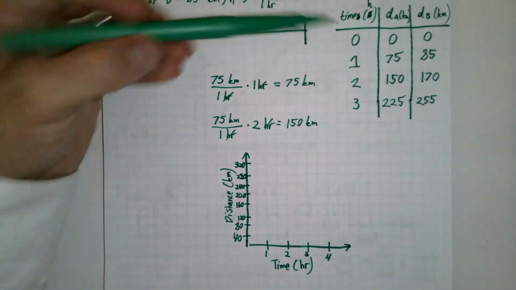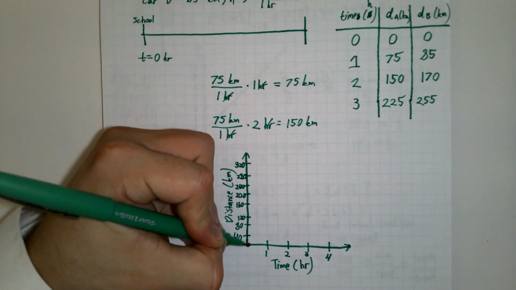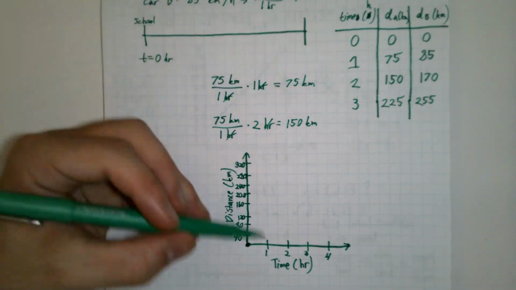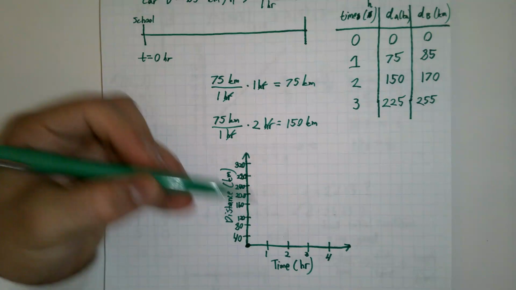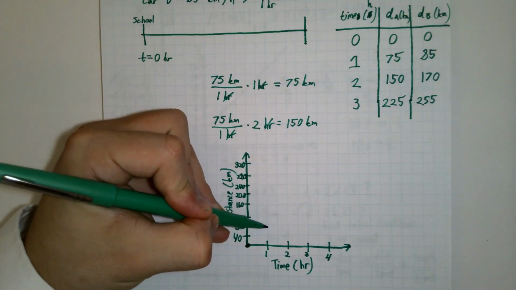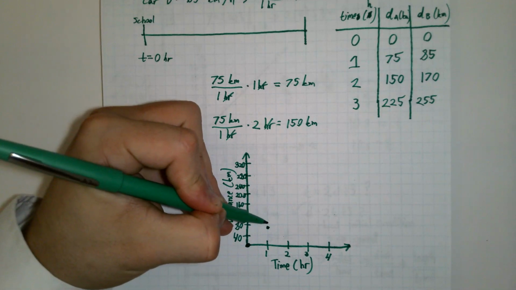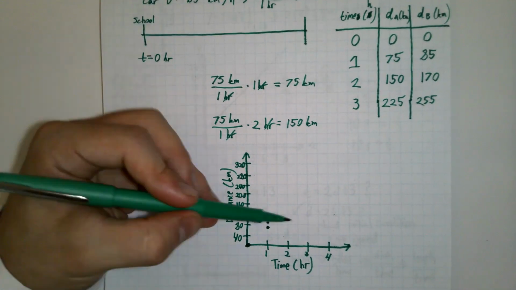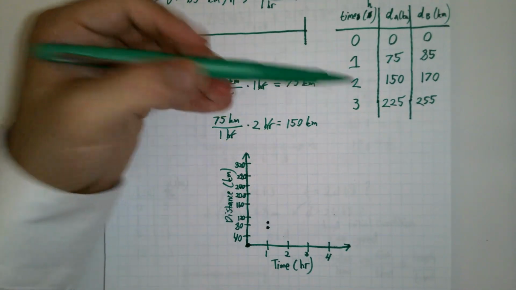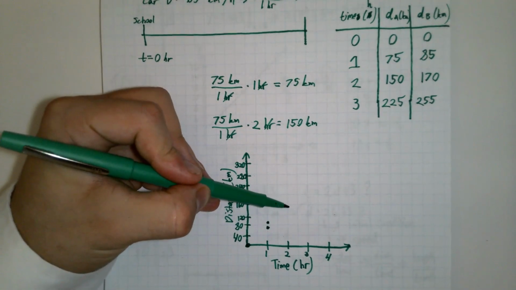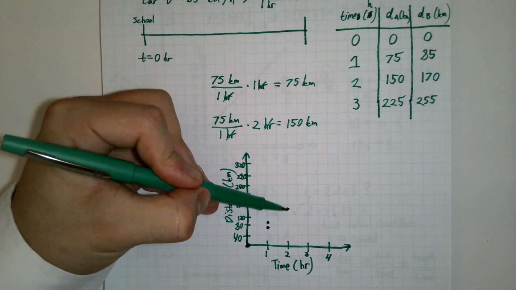They both start at the point 0, 0 right here. After 1 hour, the first car has traveled 75, pretty close to the 80. The second car has traveled 85, just over the 80. Second hour, we have 150 for car A, just below the 160.